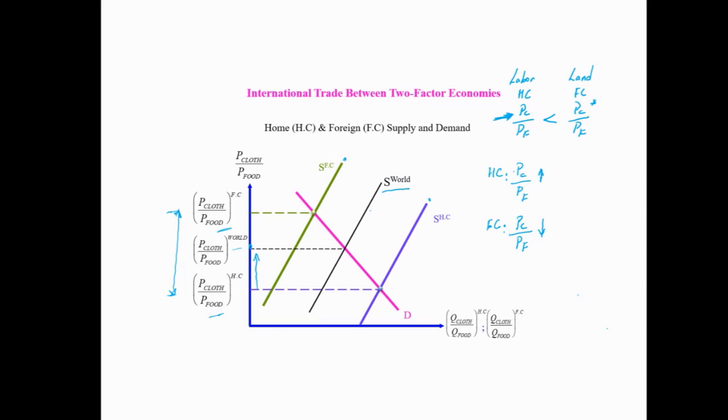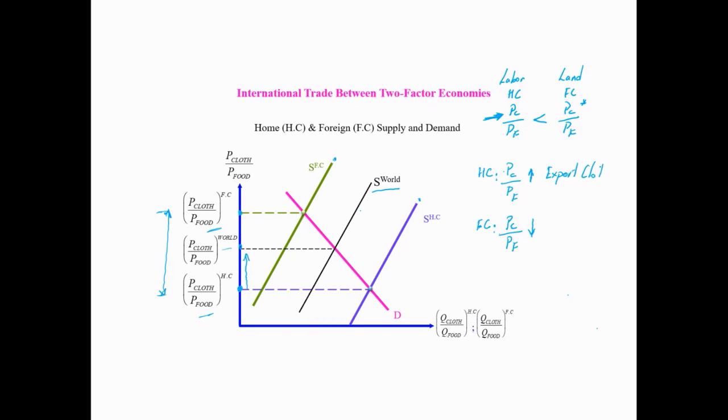Since cloth is cheaper in the home country and more expensive in the foreign country, the home country is going to export cloth and import food. What about the foreign country? It exports food and imports cloth.